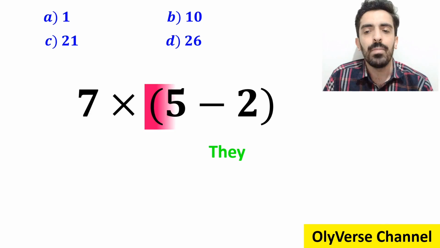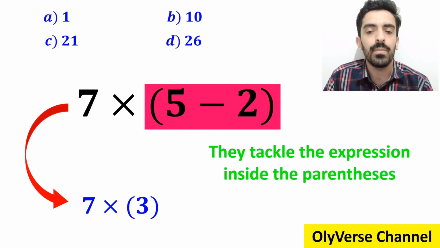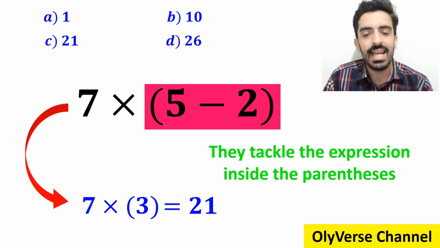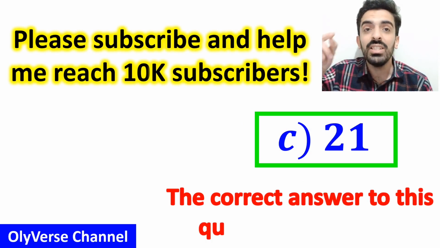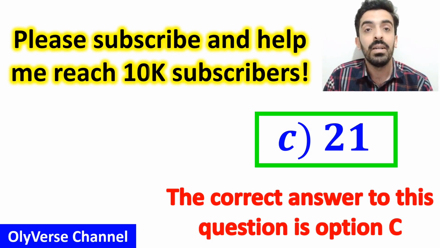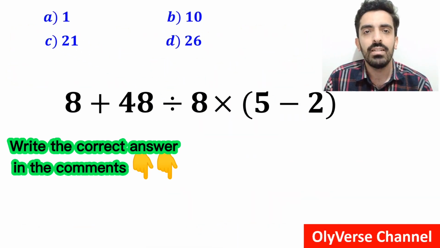And the final step, they tackle the expression inside the parentheses and write it as 7 multiplied by 3, which ultimately gives them the answer 21. Then, without any hesitation, they quickly say that the correct answer to this question is option C. But I have to say we were tricked and it's not the correct answer to this question.